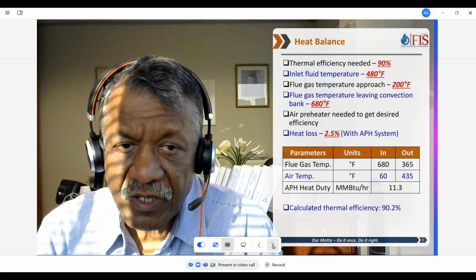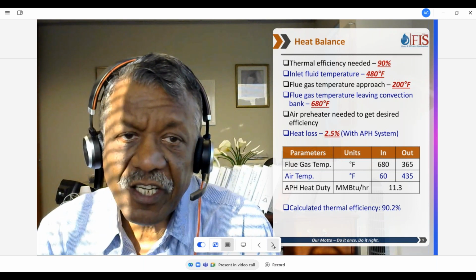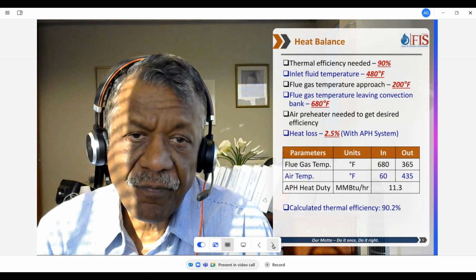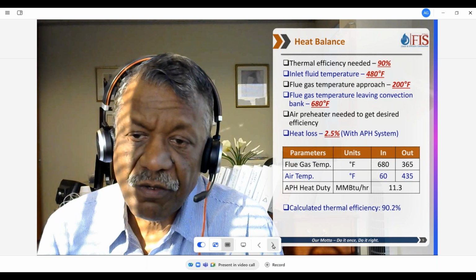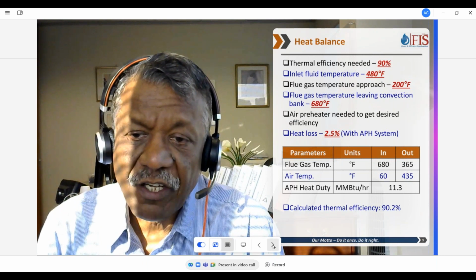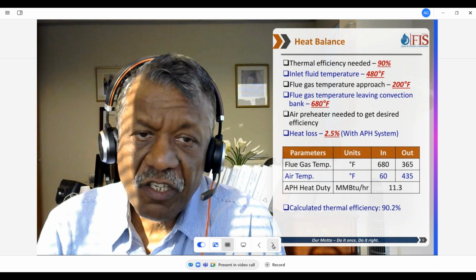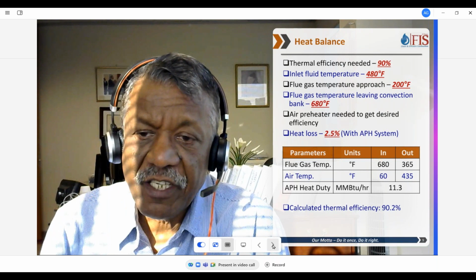And here we did the heat balance, and we are heating the fluid from 480, and we have to determine what type of approach between the flue gas and the fluid we are going to keep. So we decided to keep a 200-degree approach, and I covered it in the second session.